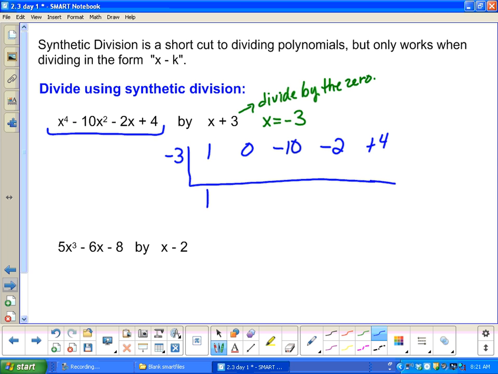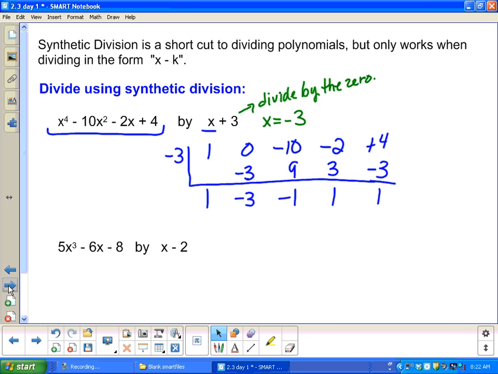Bring down the 1. Now I multiply, negative 3 times 1. Now I add, 0 plus negative 3. Now I multiply. Now I add, multiply, add, multiply, add. Because I started with an x to the fourth and I divide it by x to the first, that leaves me with an x to the third.